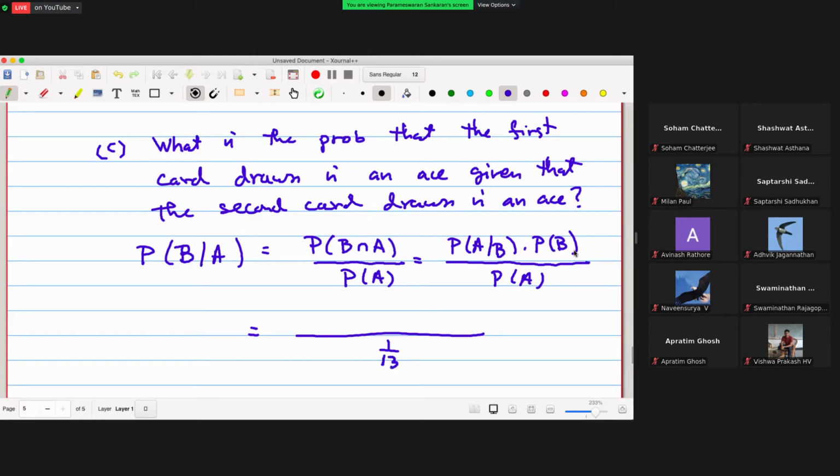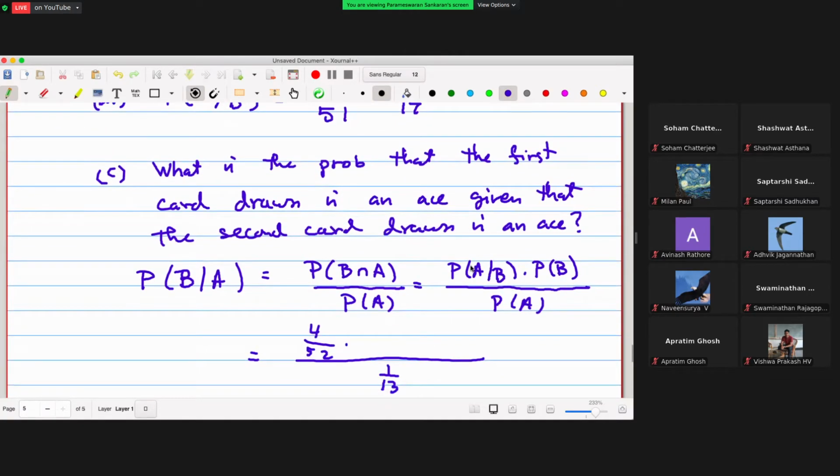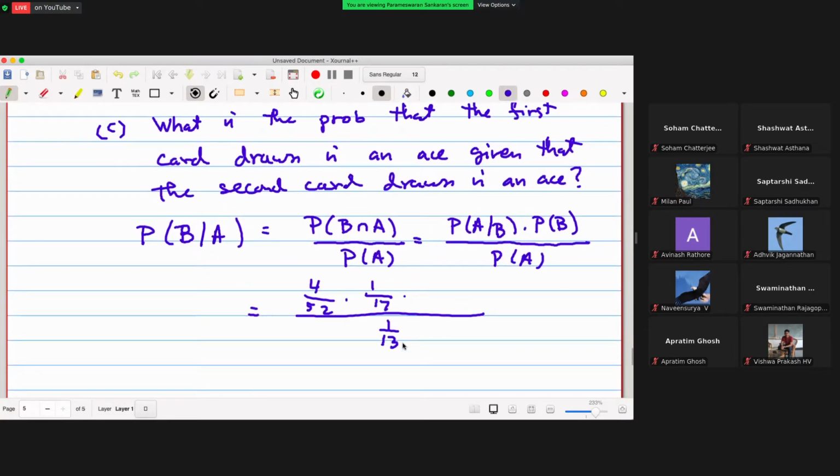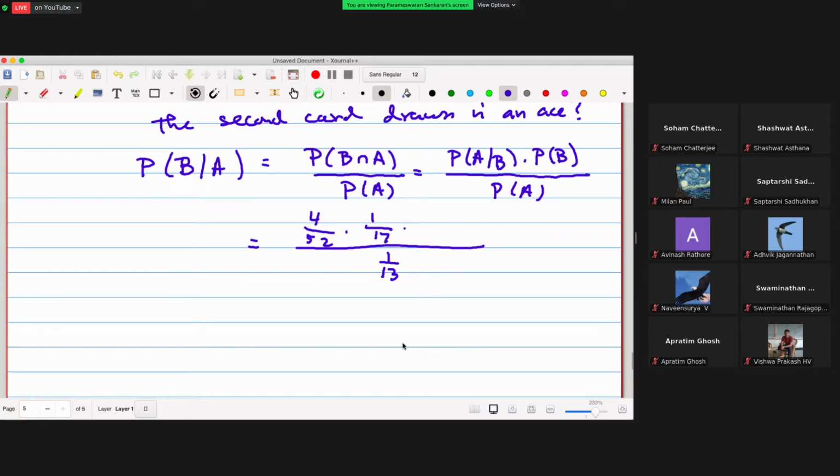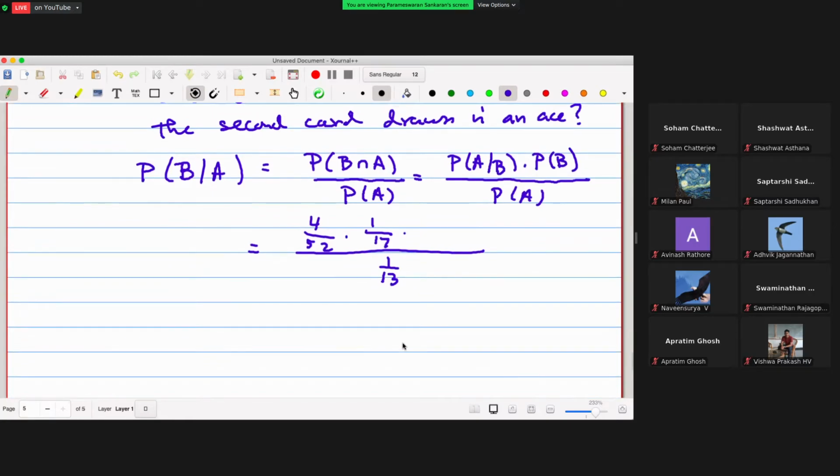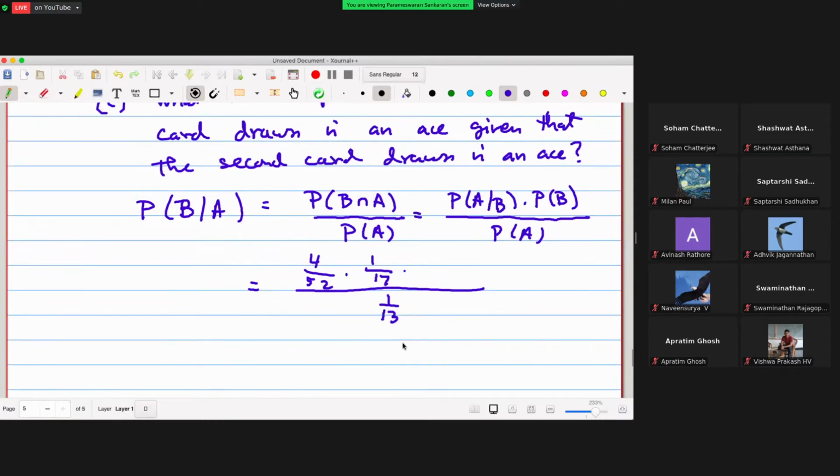In the numerator, probability of B we know is 4 by 52, and probability of A given B, just now we calculated it, and that is 1 by 17, no? So you can simplify this a little. Okay, let's leave it at that and proceed. Probability of B, this I think we have done it right.